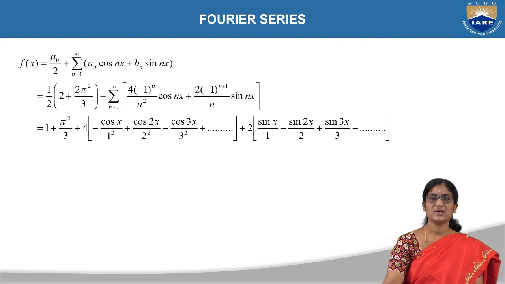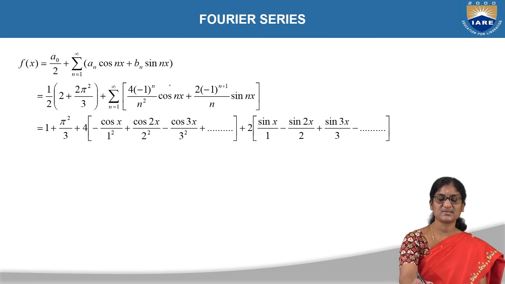I'll substitute in the Fourier expansion, f of x is equal to a0 by 2 plus summation n from 1 to infinity of an cos nx plus bn sin nx.